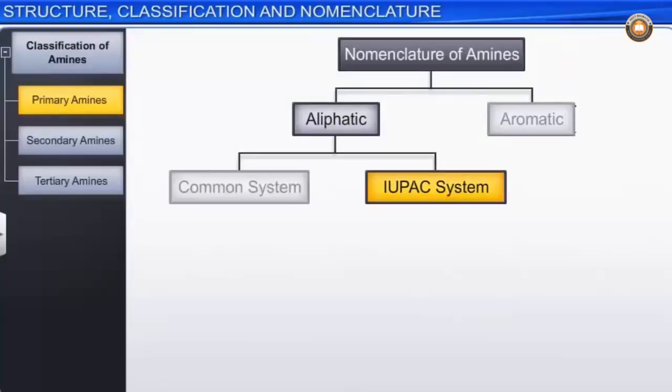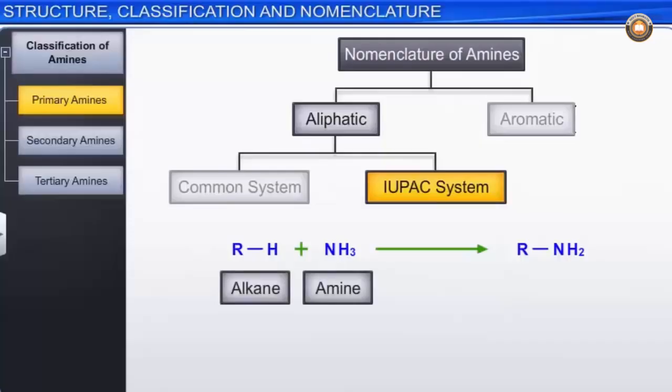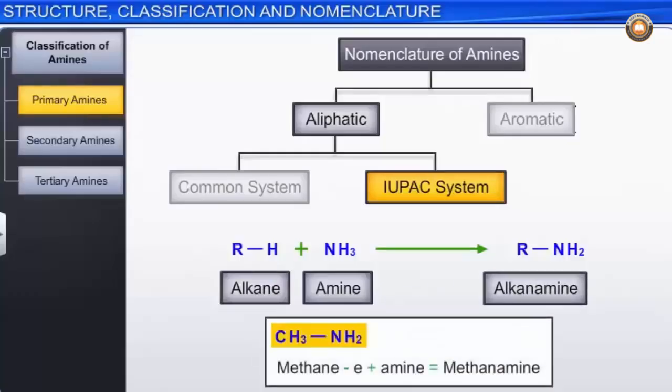In the IUPAC system, alkyl amines are named alkanamines. The name is derived by the replacement of the E of the alkane by the word amine. For example, CH3NH2 is named methanamine.